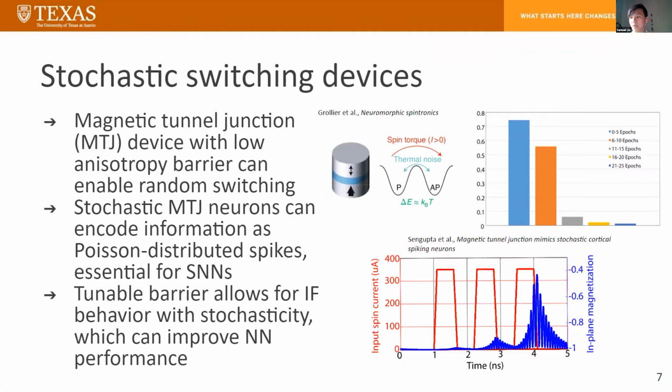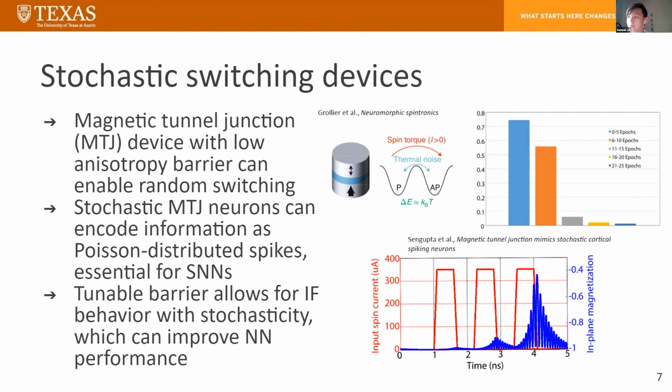So diving into the devices, the first mechanism that can be exploited is stochastic switching, which was discussed by Professor Khalili. The devices are MTJs with a low energy barrier that can probabilistically switch from thermal energy. In spiking neural networks, information is encoded in biased Poisson distributed spikes, which yields the best results, which is a detail that I won't get into.